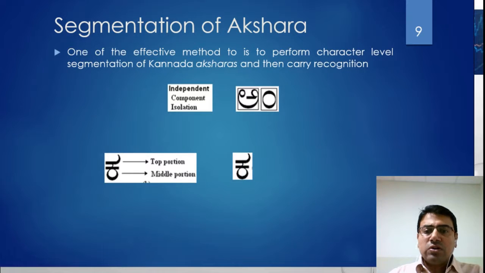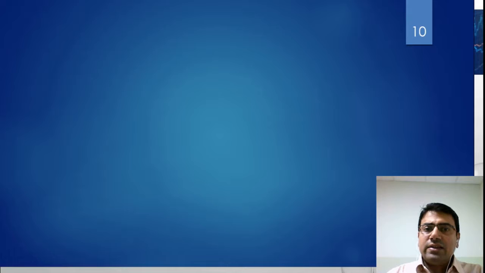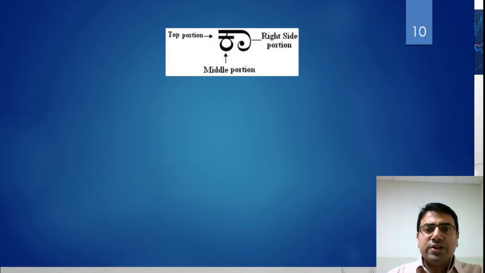One is called top level segmentation. If the akshara has both a top portion and a middle portion, the top segmentation is carried out. After performing the top segmentation, we get the top portion of the character, and the middle portion is extracted separately from the character. Then there is another type of segmentation.